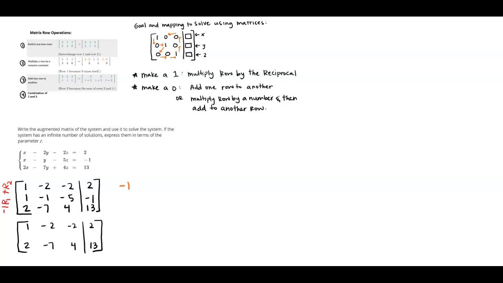So -1, +2, +2, and then -2. And I'm going to add that to row 2 here, which is 1, -1, -5, and -1. And when I add those together, that's that adding part that I'm doing here. Then I'm going to end up with 0, 1, -3, and -3. All right, so that's what I come up with on that part.